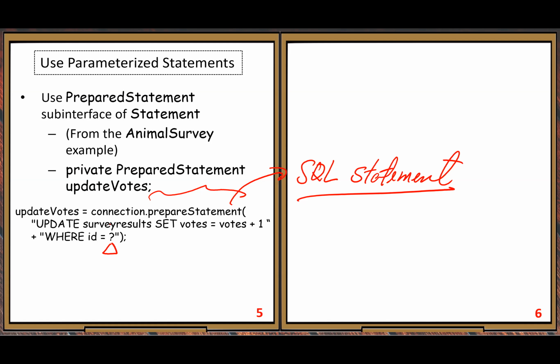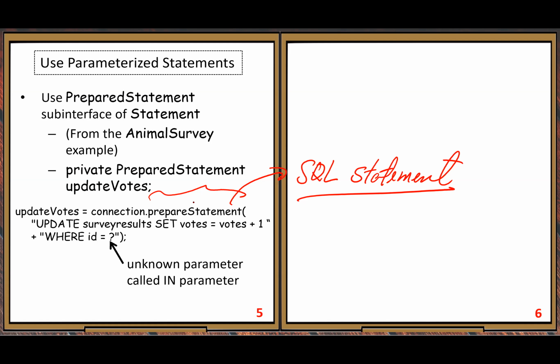So this unknown parameter, sometimes we also call it an IN parameter in the SQL statement. All right, so that is the format of this SQL statement containing unknown parameters.